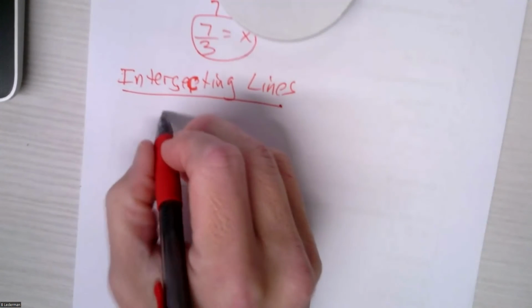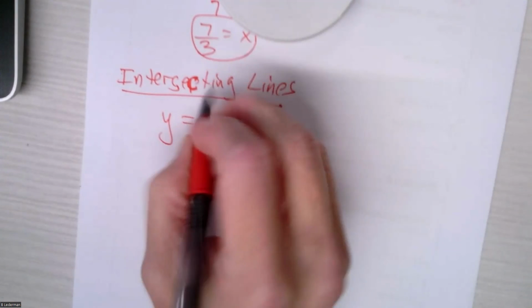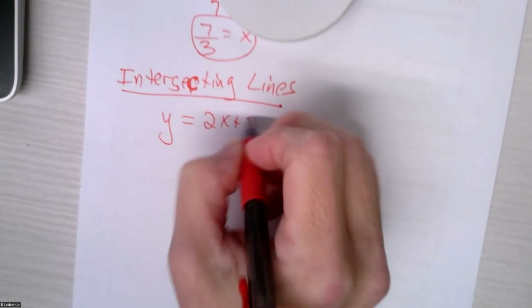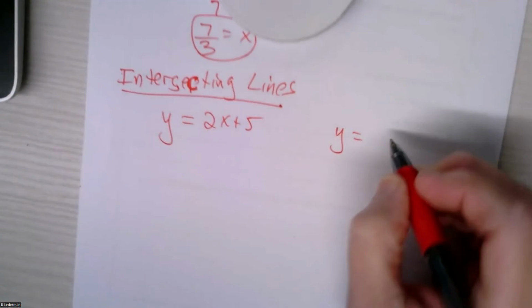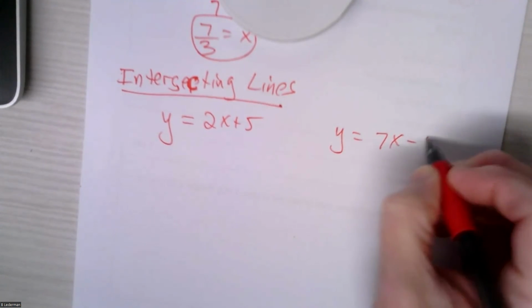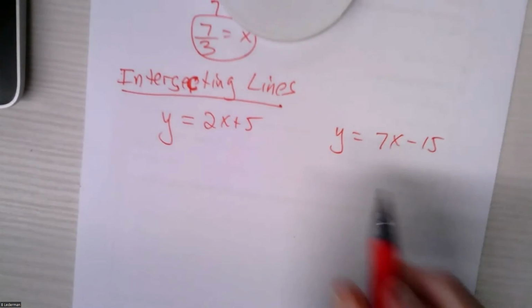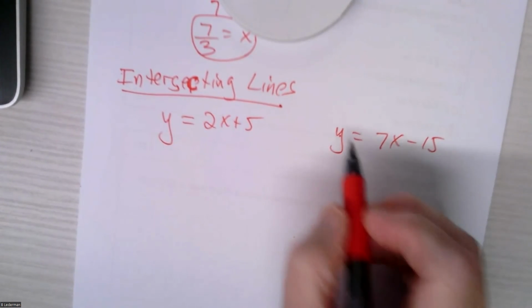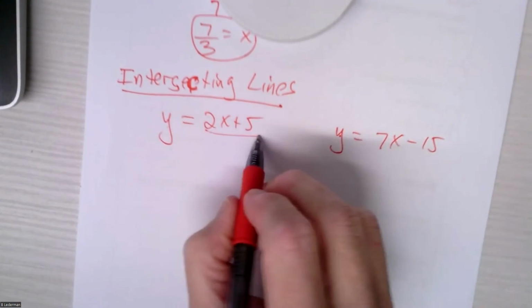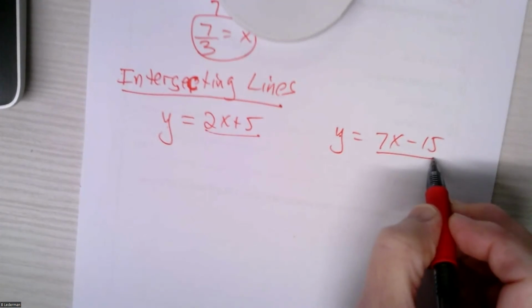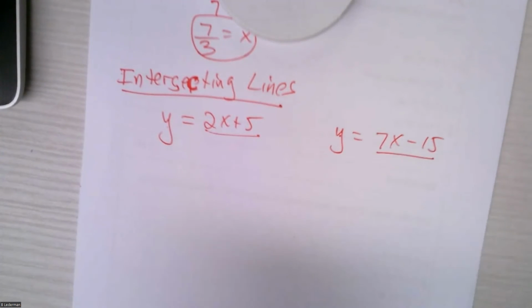So, for example, if I have a line y equals 2x plus 5, and I have another line y equals 7x minus 15, well, since that's y and that's y, 2x plus 5 is equal to y, and 7x minus 15 is equal to y.